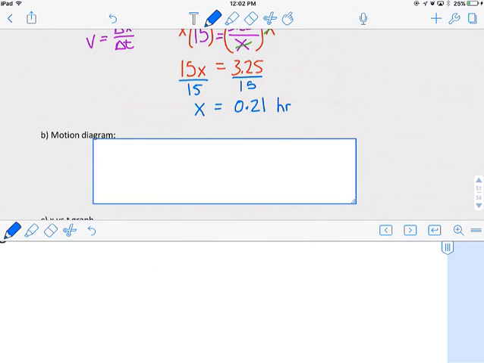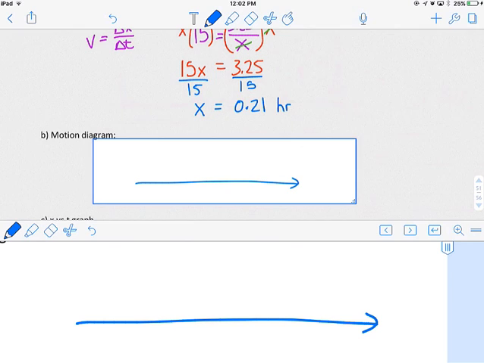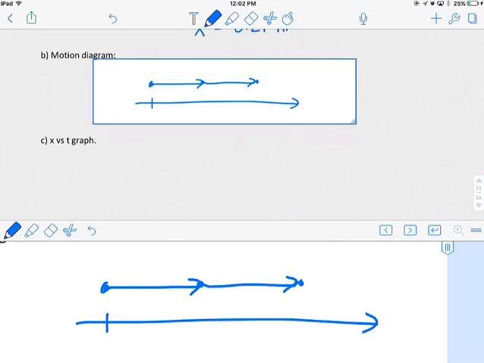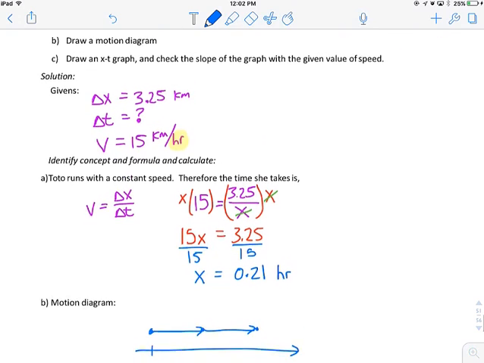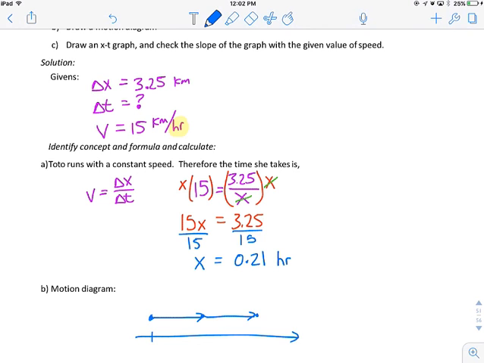All right, so motion diagram. 15 kilometers per hour. I don't know if that's fast or slow, but it's moving at a nice constant speed. So I've got to have two arrows at least that are the same length to show that it's a constant speed. And then I'm not going to worry about calculating the slope on my graph. I know my slope has to be 15 kilometers per hour.